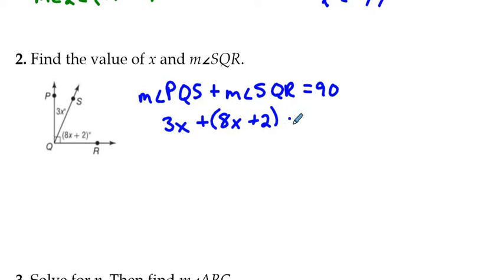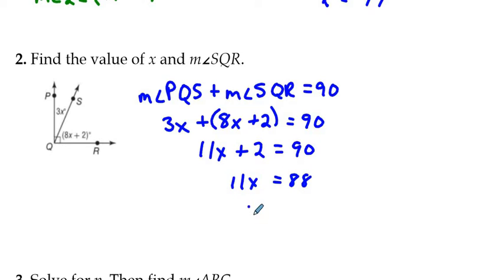And that all has to equal 90 degrees. This sum has to be 90 degrees. So let's combine like terms and solve. We have 11x plus 2 equals 90. 11x equals 88. Subtract 2 from both sides and divide by 11. You get x to be 8.